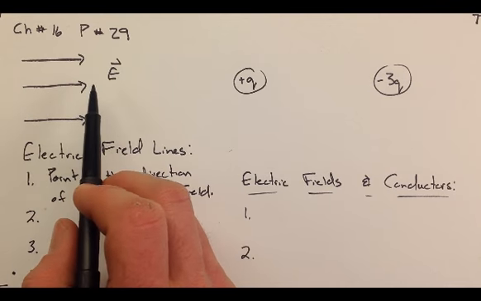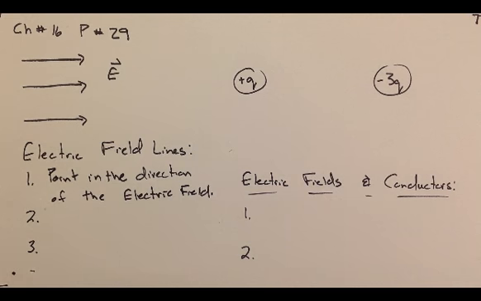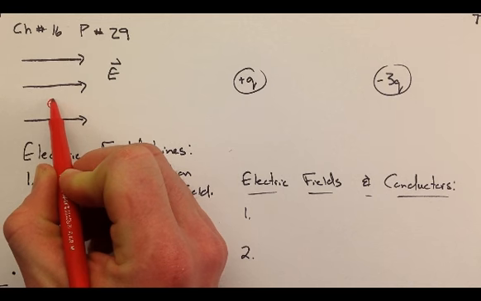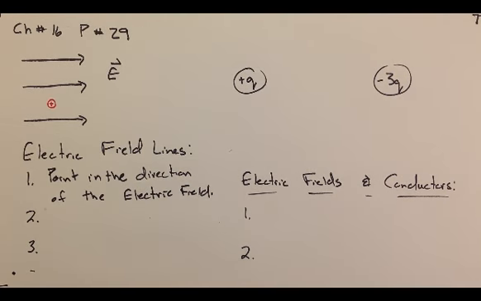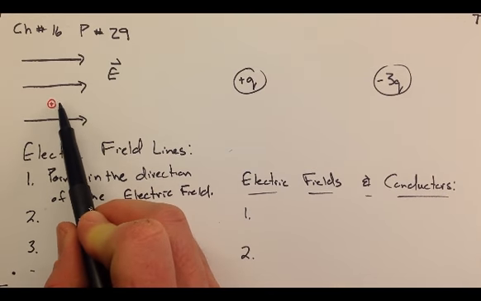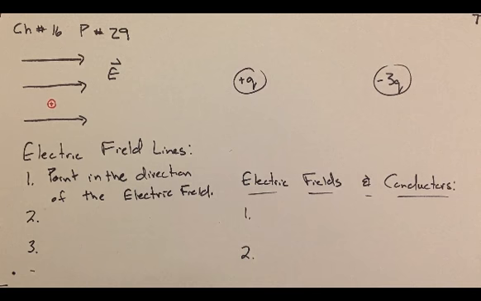Well, it points to the right, or in the positive x direction. And remember that the electric field points in the direction a little positive test charge would experience a force in. So if we had a little positive test charge up here, it would experience a force to the right, or in the direction of the electric field.